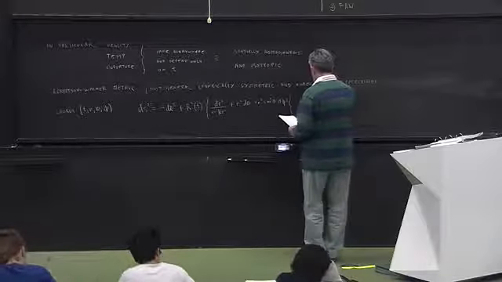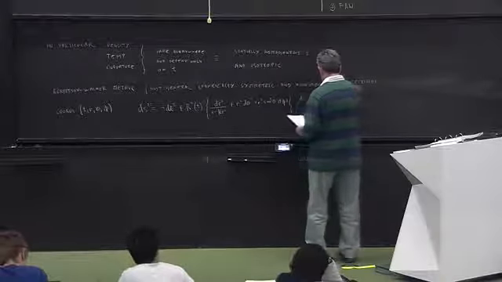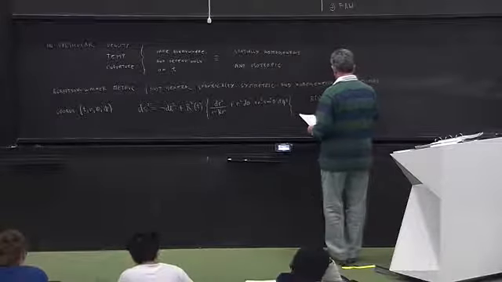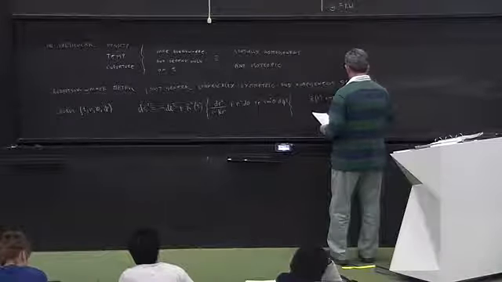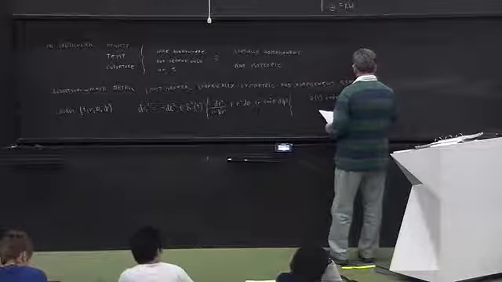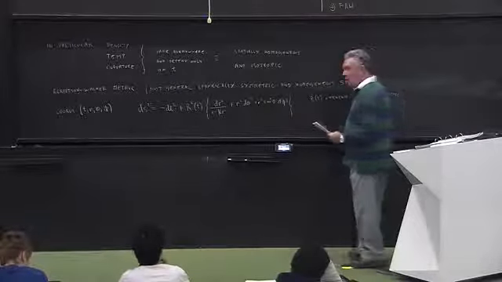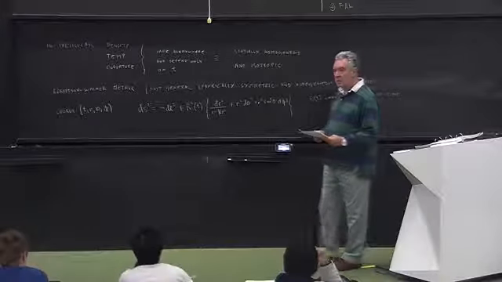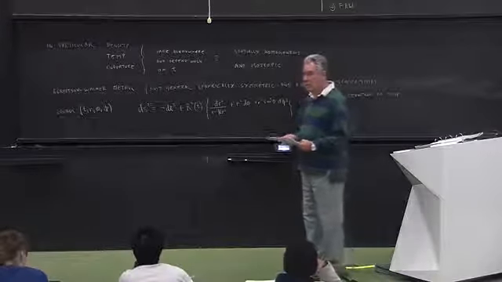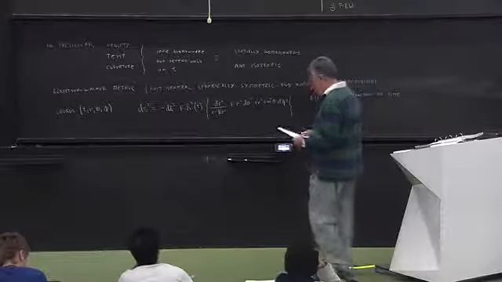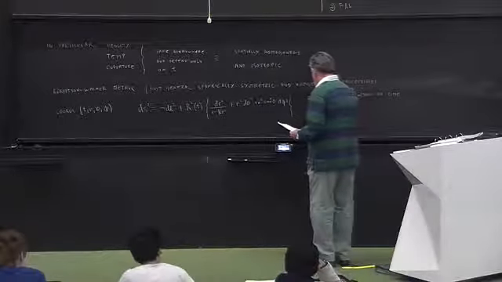R of t is some as yet unknown function of time, which we're going to fix later using Einstein's equations, but for the moment it's just some unknown function. And k is a constant.